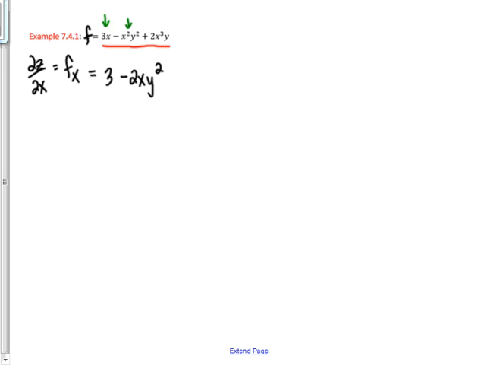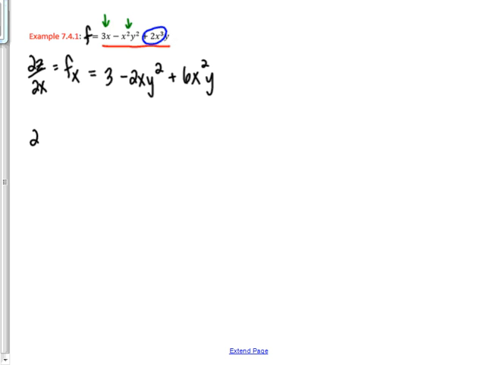The y squared is treated as a constant, and it just comes along with your problem. You just ignore the y's. Then when I get here, again I'm taking the derivative of the x, so the derivative of 2x cubed gives 6x squared, and you bring the y along.